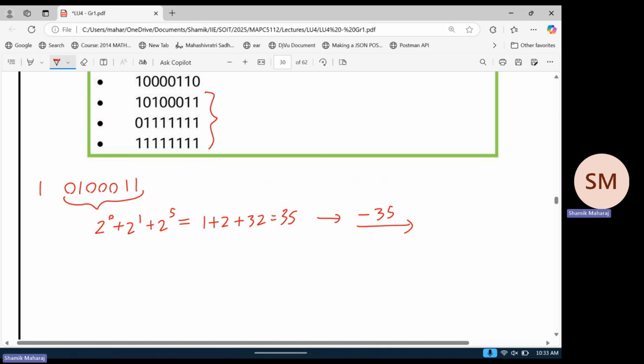All right, so the next two are going to be the same number with a different sign. So the next one is going to be 0, that's the sign bit. And how many ones? 7 ones. 1, 2, 3, 4, 5, 6, 7, which is a nice one because you don't have to skip anything in between. It's 2 to the 0 plus 2 to the 1 plus 2 squared plus 2 cubed plus 2 to the 4 plus 2 to the 5 plus 2 to the 6.